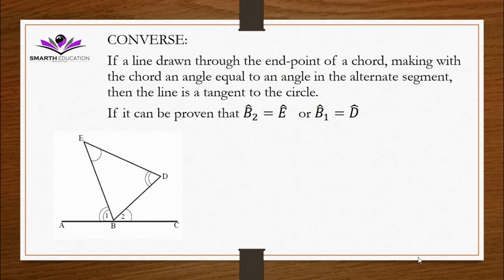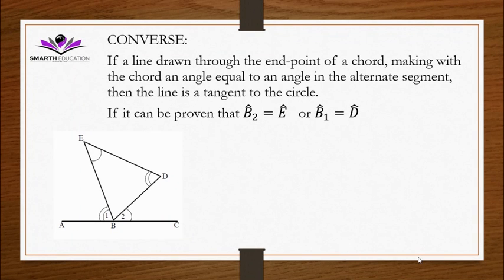Right, let's conclude our lesson. We talked about the converse when we started, isn't it? We said that if a line drawn through the end point of a chord makes with the chord an angle equal to an angle in the alternate segment, then the line is a tangent to the circle.